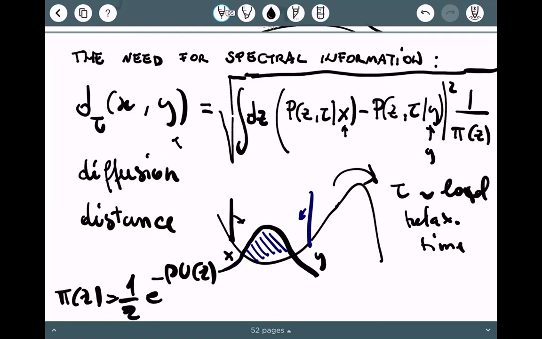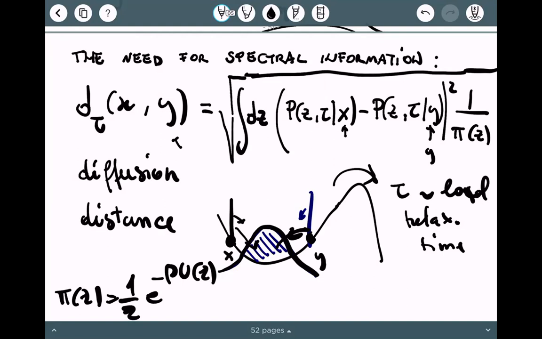So if I choose tau properly, this definition of norm will, in fact, satisfy the important intuitive property that these 2 points belonging to the same basin will converge to the same distribution, and will be defined to have a small diffusion distance.